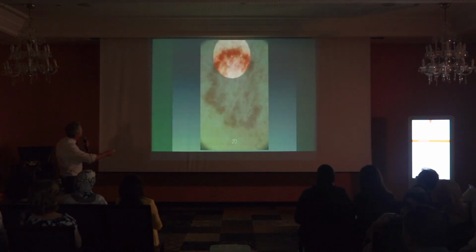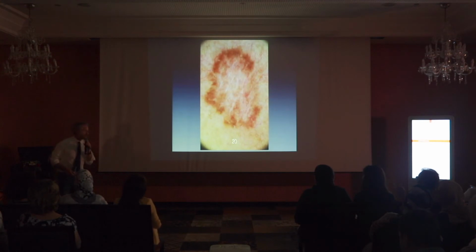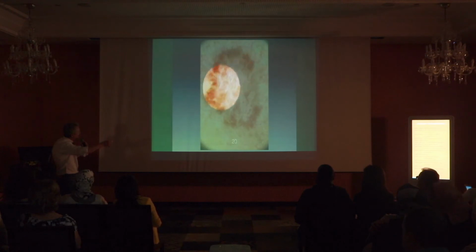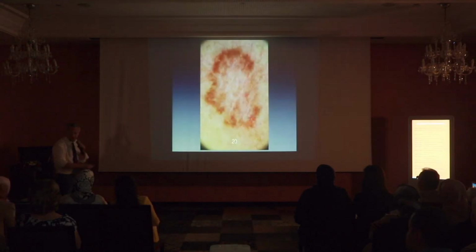This is network, but it's not the network you find in a dermatofibroma, and usually dermatofibroma is quite roundish. This is more irregular, and here there is a part which is missing, so that means this is regression. If this is regression and this is network, it could be melanoma, no?